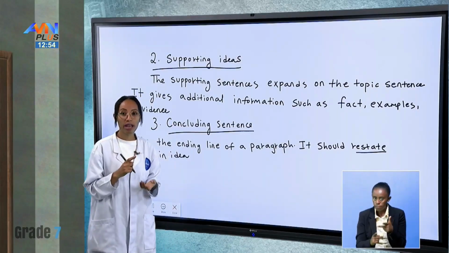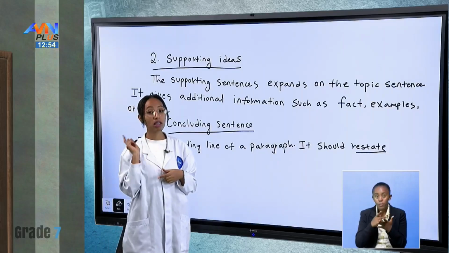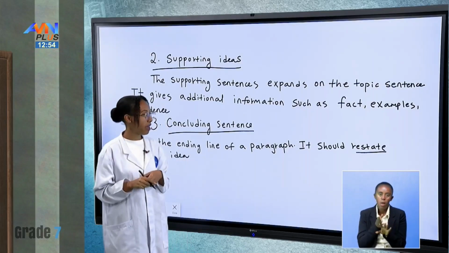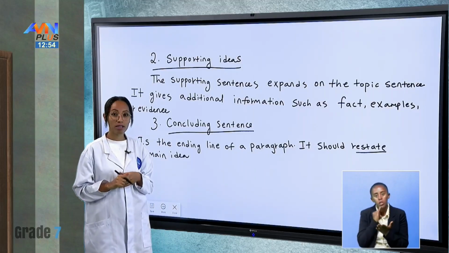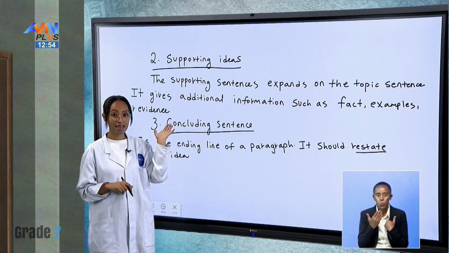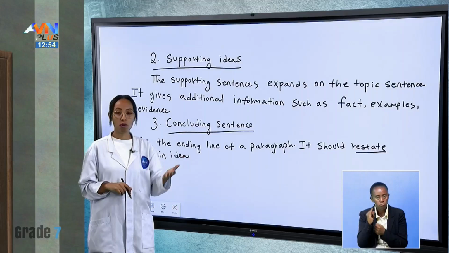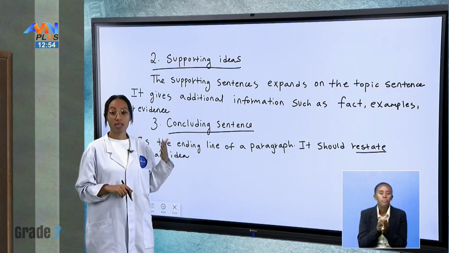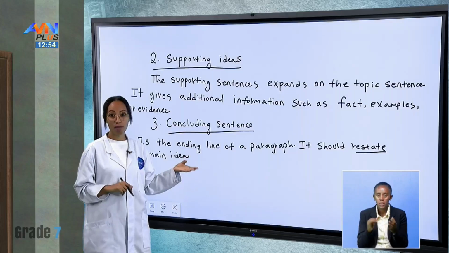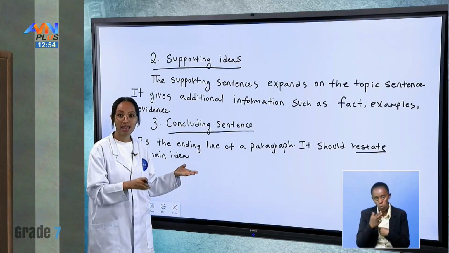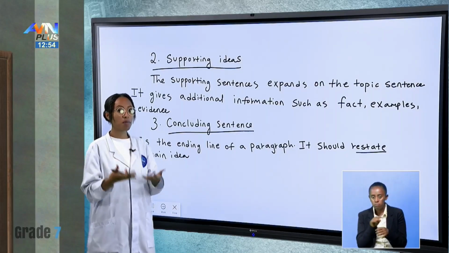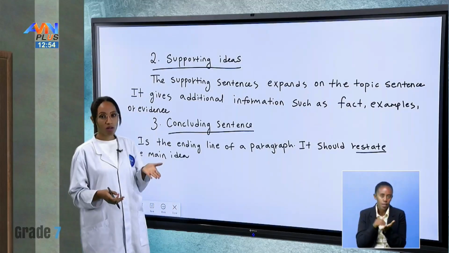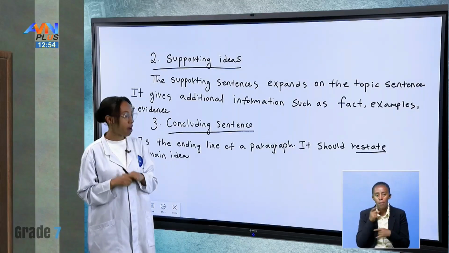So don't forget, a paragraph should only talk about a single topic at a time. And it should have good supporting ideas that support and give evidence or explain further the topic sentence. And it should have a concluding or ending line where the topic sentence is restated again. So these are all the elements of a paragraph.